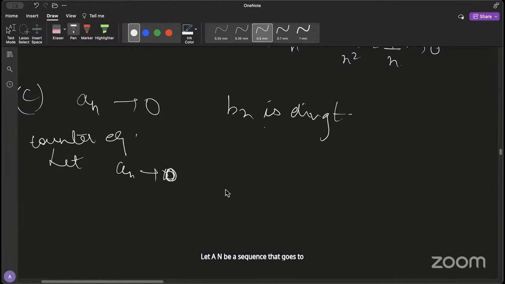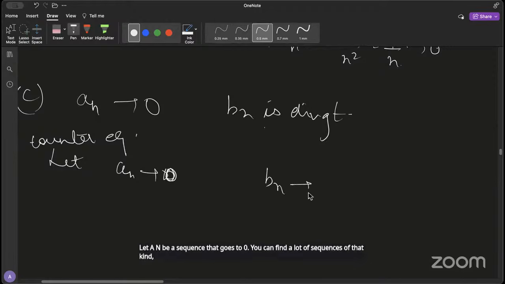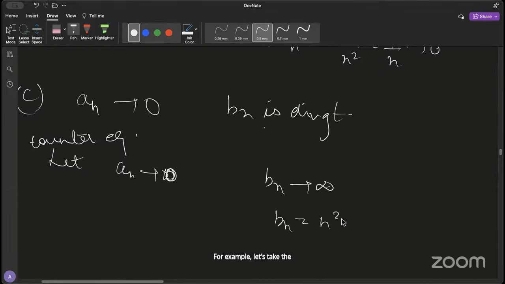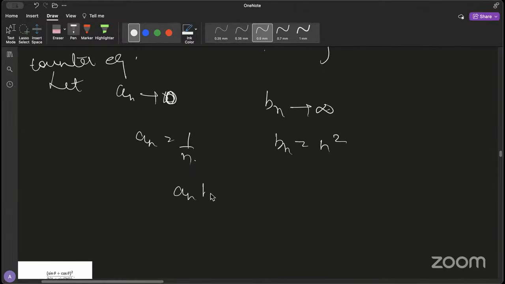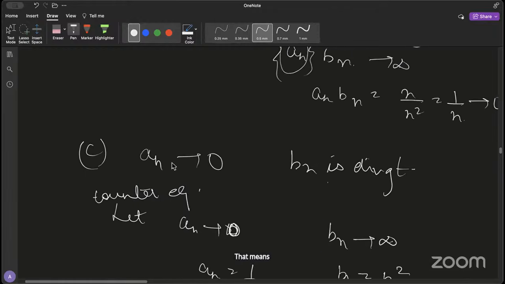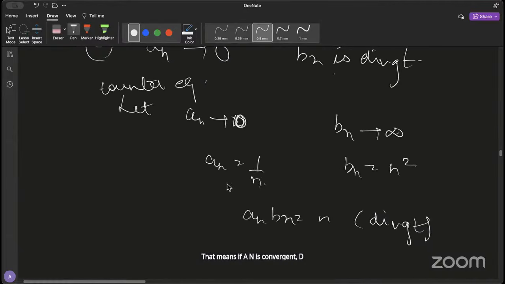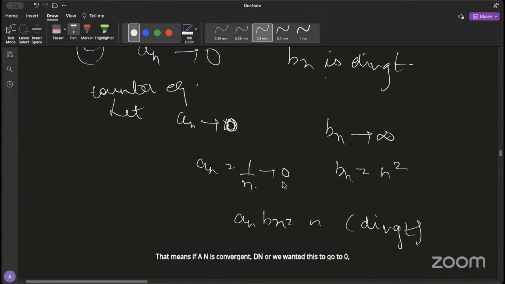You can find a lot of sequences of that kind, and let bn be a sequence that goes to infinity. For example, let's take the same one: bn is n square and an is 1 by n. Then an bn we saw was n, and this is divergent, right? We wanted an to go to 0, and this does go to 0, right?